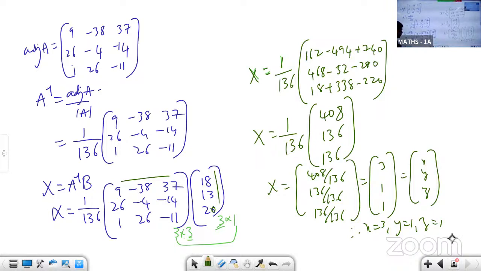So these are about matrix inversion. Okay, now consistency, inconsistency, let us see. Based on consistency, the question will be like this. Examine whether the system of equations are consistent or inconsistent.